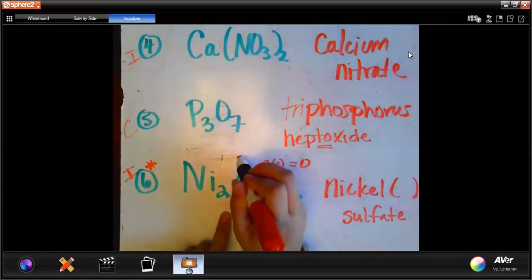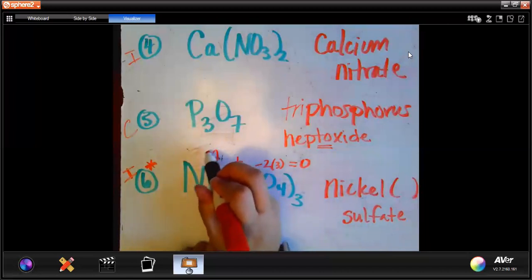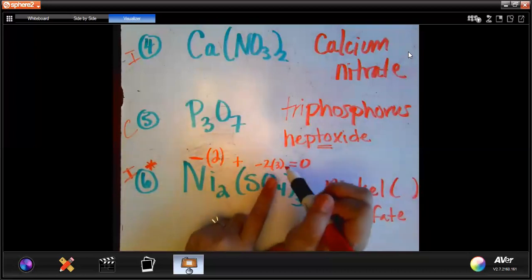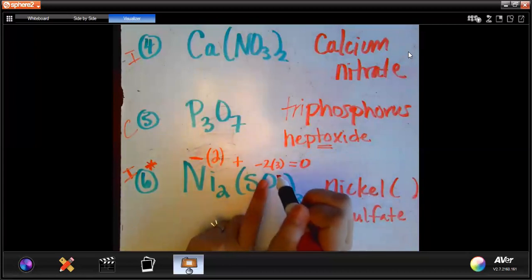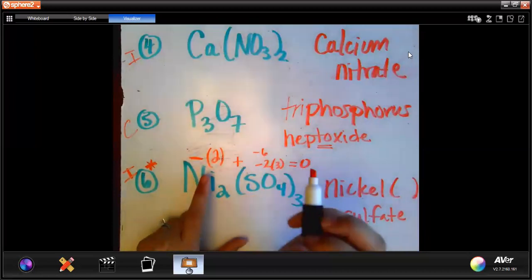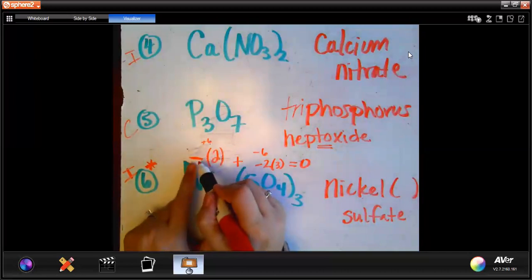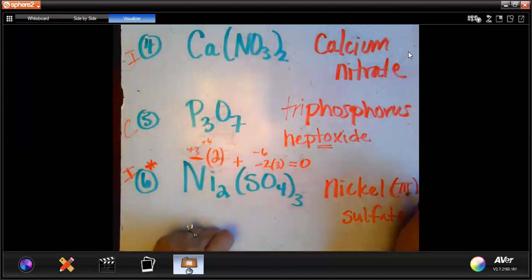So when I add those to what nickel is, which I have 2 of those, some number times 2 plus -2 times 3 has to equal 0. Well, -2 times 3 is -6. So what number plus -6 would equal 0? A +6. But now we got to say what number times 2 gives us +6. Exactly, 3. And so this is nickel(III) sulfate.